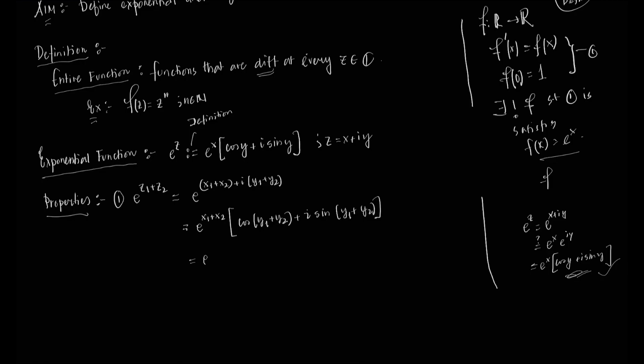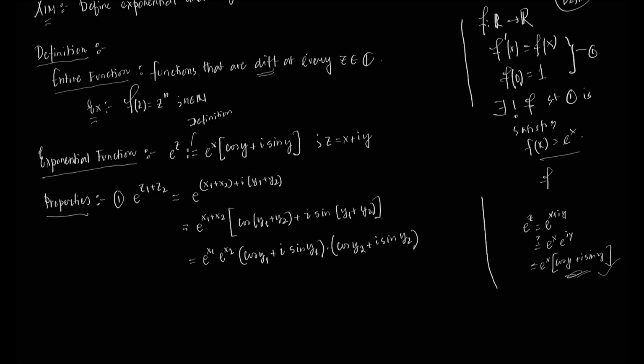Then you can write it as e^x1 times e^x2, and you can break this thing up and show that this turns out to be (cos y1 + i sin y1) times (cos y2 + i sin y2).